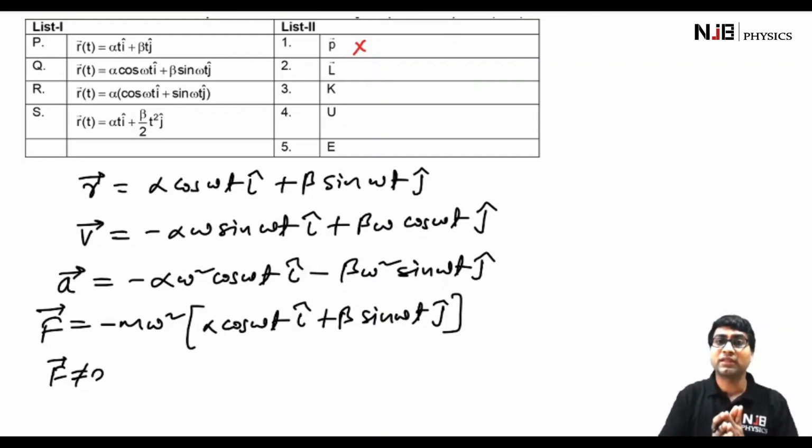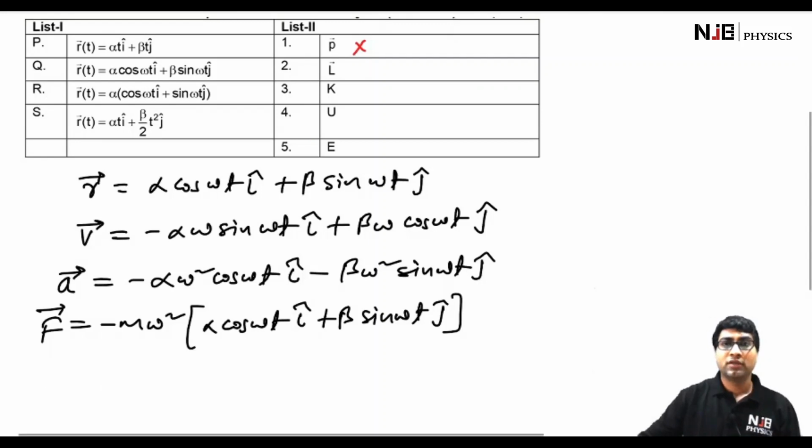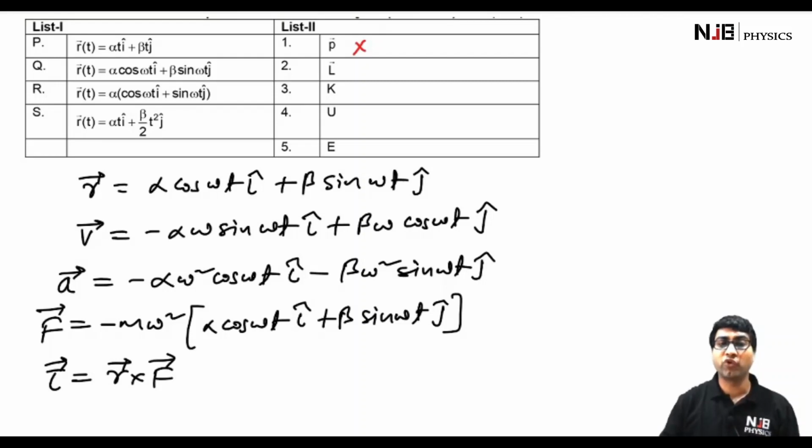It is also possible that the torque due to that force may be 0. So let's check if the torque due to this force is 0 or not. One way of finding the torque vector is r vector cross f vector. We already know the position vector and the force vector, you just have to take its cross product. And if you don't want to go with this method, we have an alternate approach of doing it. It's very easy.